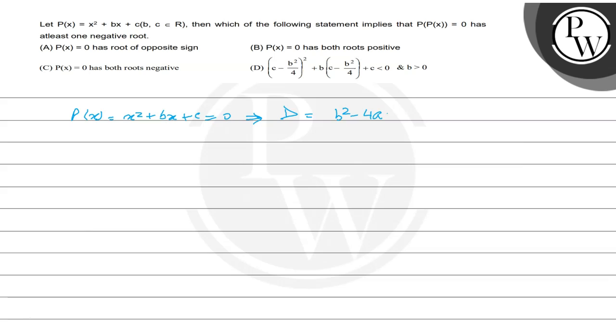If b square minus 4ac is 0, then both roots will be minus b over 2a. So both roots will not be positive, because there is a minus b.